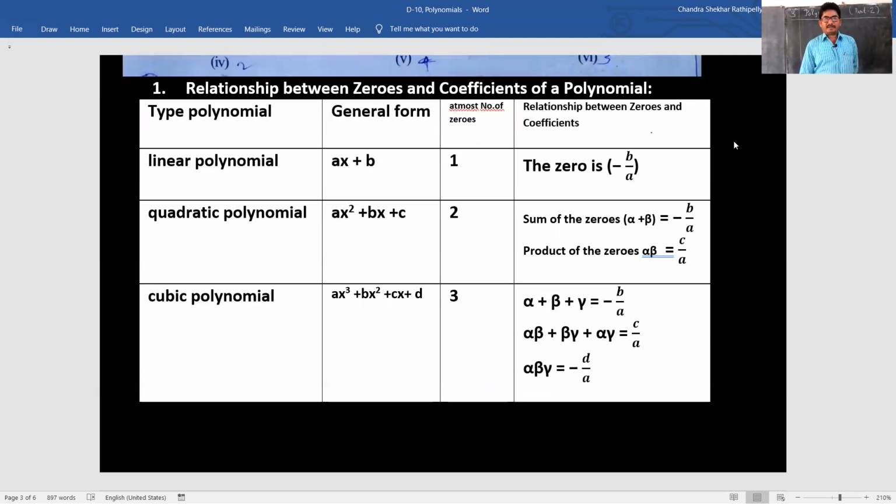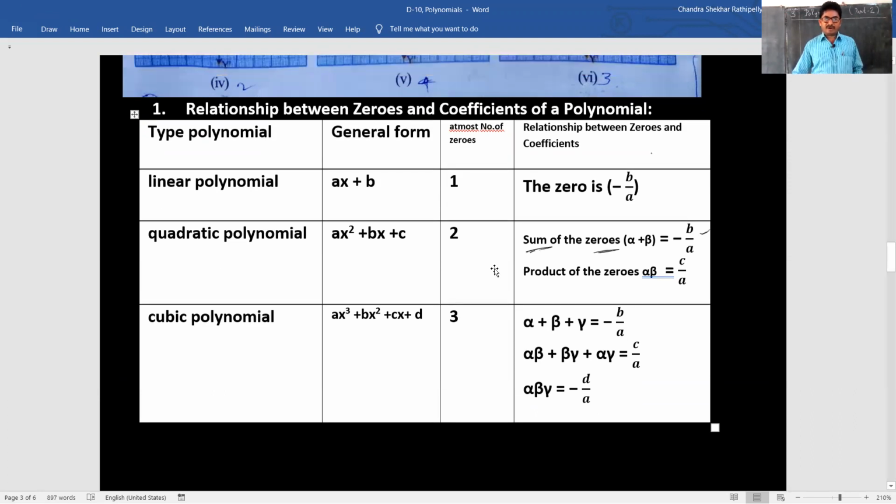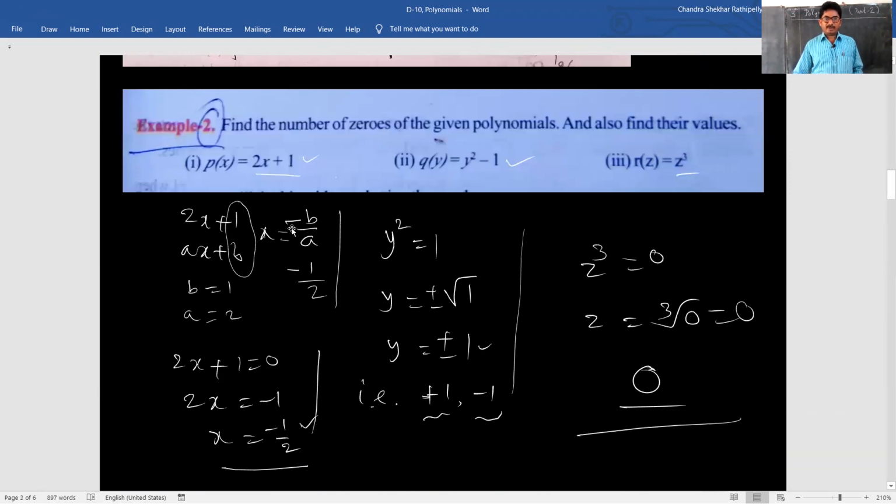Without finding the zeros of the polynomial, we can find the sum of the zeros directly. Here we found the zeros of the polynomial y square minus 1, which are plus 1 and minus 1. Without calculating these values, we can say what the sum of the zeros of this polynomial is.